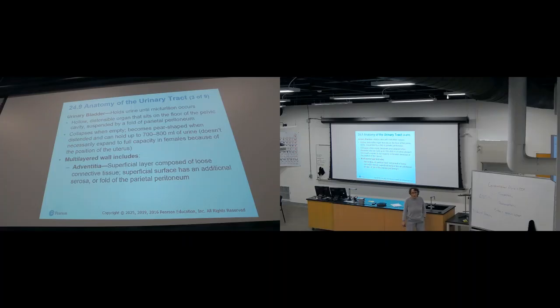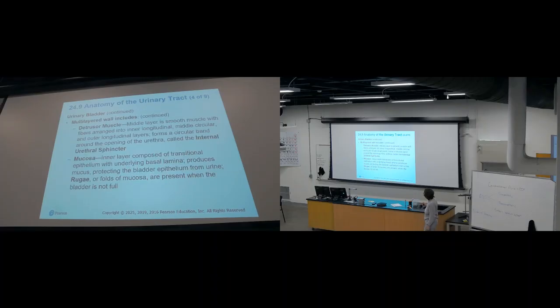It also has several layers, like the ureter. It has the adventitia, which is the most external part that helps to connect it to the surrounding tissues. The muscular layer is called the detrusor muscle. It's the middle layer, with smooth muscle cells arranged in inner longitudinal, middle circular, and outer longitudinal layers.